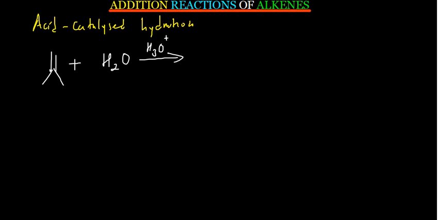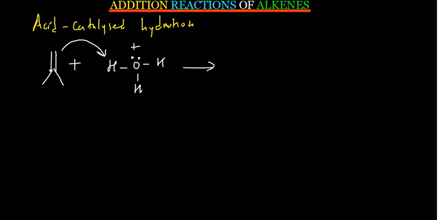So these ions are the ones which are going to provide us with those hydrogen ions which are going to be able to attack this compound that we are able to see at this point. So now I'm going to put just the H3O plus. You know that this oxygen is going to have a lone pair of electrons and then it carries a positive charge. So what is going to happen? The acidic proton is going to be attacked by the carbon that has got a lot of hydrogens on the double bond.